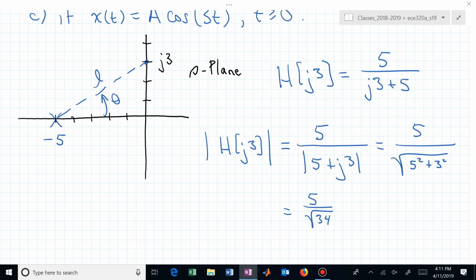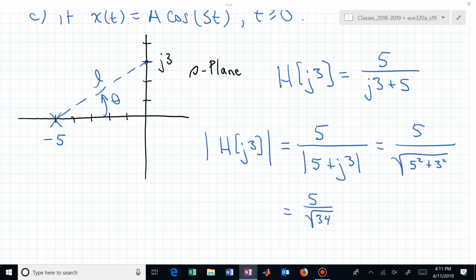What was that denominator at DC? That was h of 0. That was 5 over 5 plus j0. So now my denominator is a little bigger, so I'm attenuating that sinusoid more than I attenuated DC input.